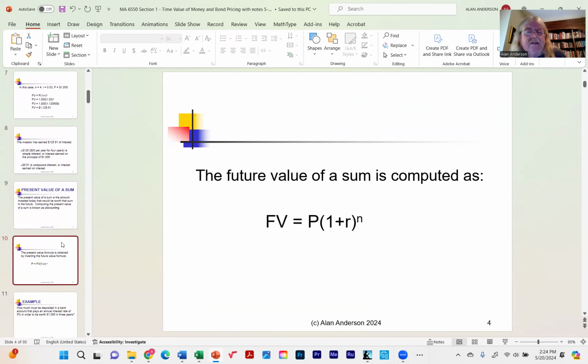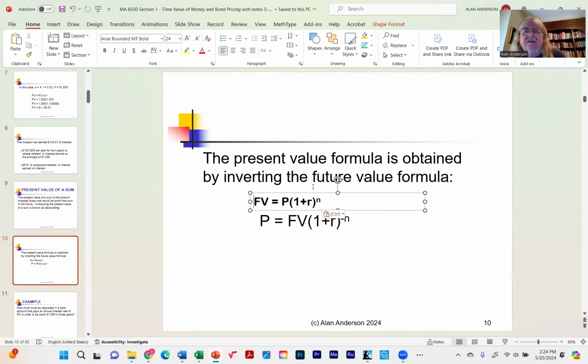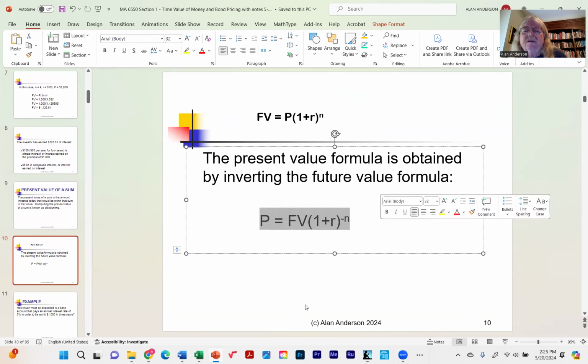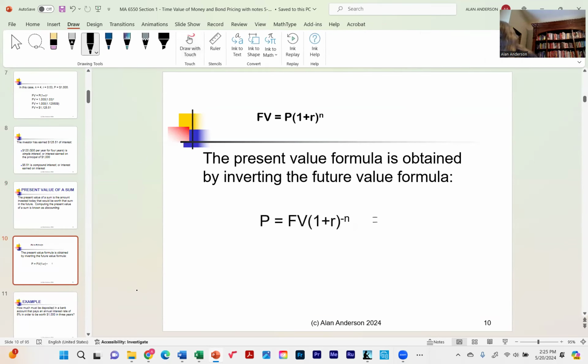Basically, algebraically, all we did here was divide both sides by (1 + r)^n to get to this point. And of course, this can also be rewritten if you prefer, so it's more obvious that they're simply the inverses of each other.